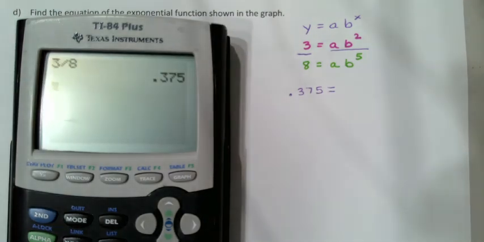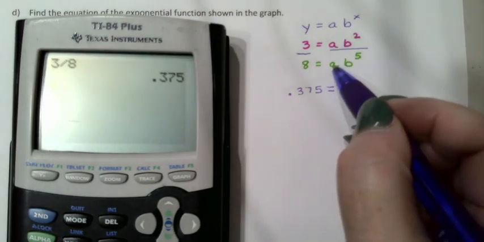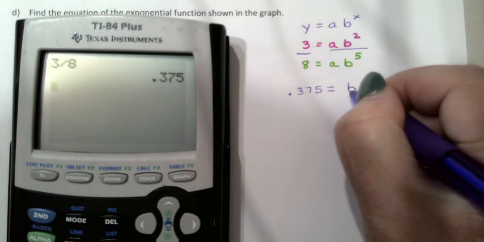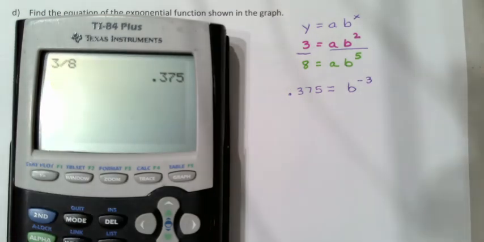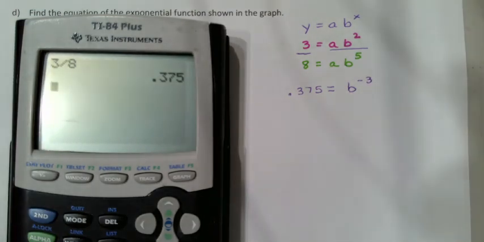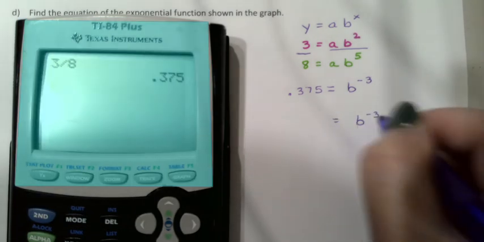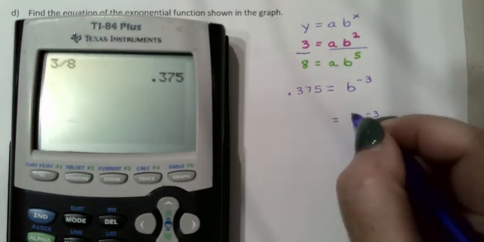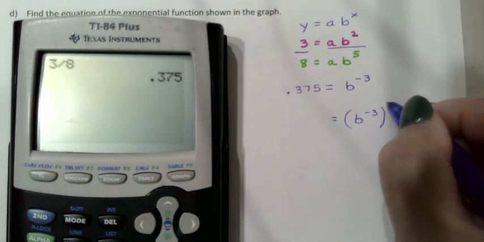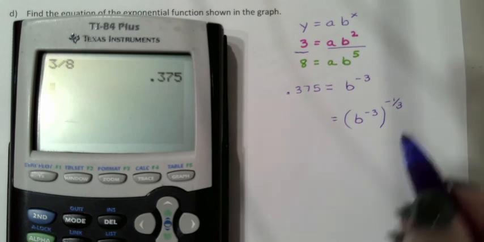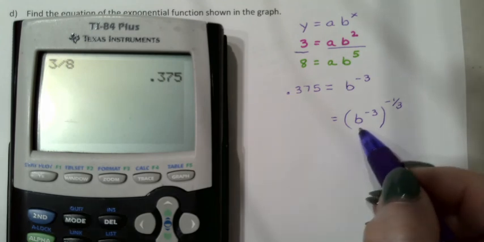Once again, the a values just divide out. And notice this time when I subtract the exponents, I'm going to get a negative 3. That's fine, we can work with that. B to the negative third. To get rid of the negative third power, I'm still going to use the reciprocal exponent. It's just going to have to be negative 1/3. Again, remember your whole goal is just to get b, or b to the first.